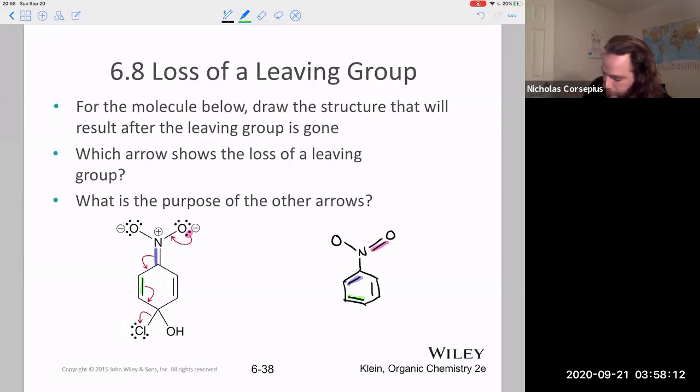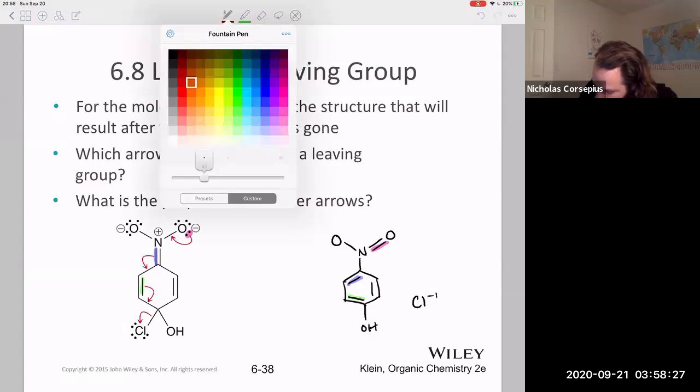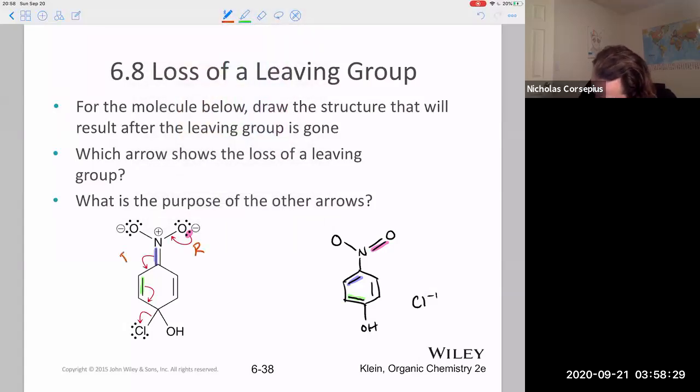That pair of electrons is that. And now I have kicked off my chloride leaving group, right? So in terms of labeling this structure here, these were resonance type arrows, and here was my leaving group leaving, my chloride ion being kicked off. Okay, let me put my charge in, not be sloppy. Cool.